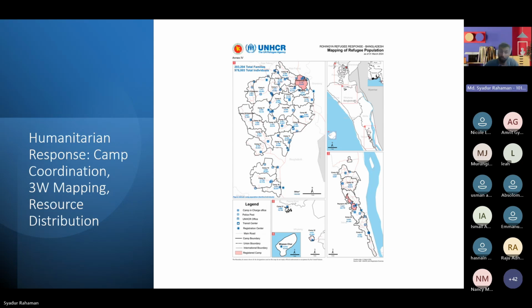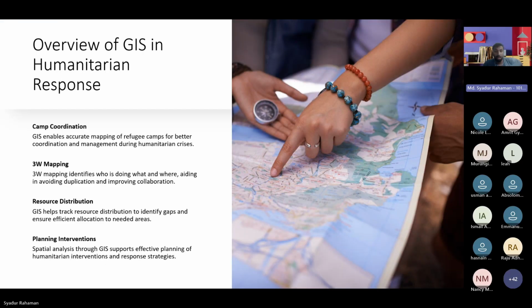This 3W map helps you to identify the location of different services, the location of the people, and the location of your most vulnerable people. Simply put, we use GIS to enable mapping of the refugee camps for better coordination, and the 3W map identifies who is doing what and where.